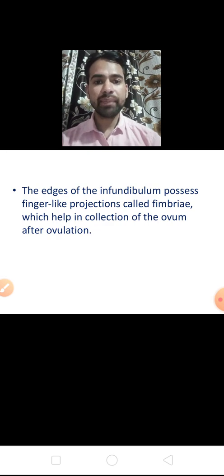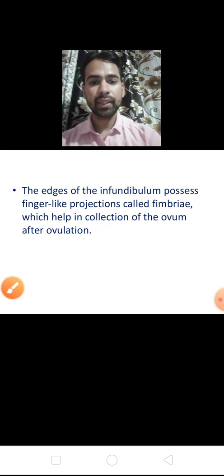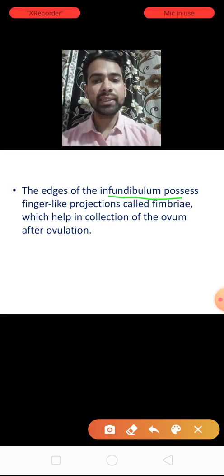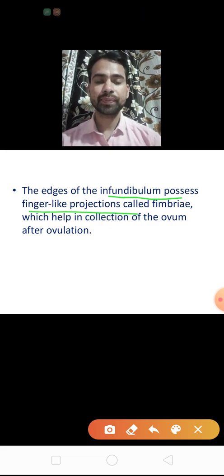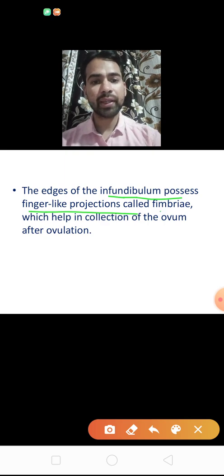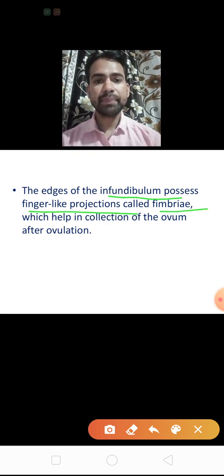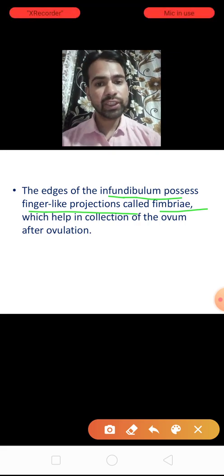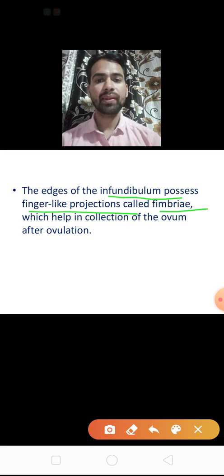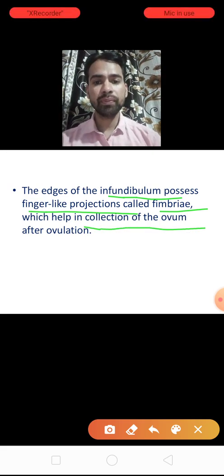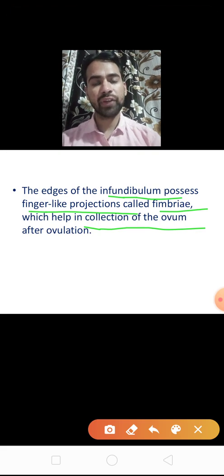So children, in the picture you have seen the infundibulum. It possesses a finger-like projection called fimbriae. Okay, so fimbriae are possessed by the infundibulum. The function of fimbriae is in the collection of the ovum or egg after ovulation.